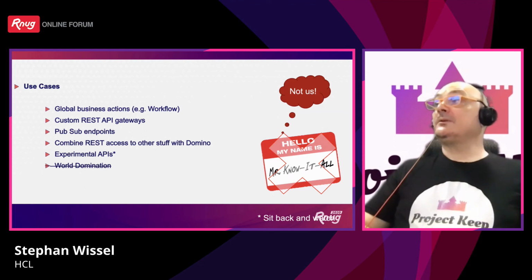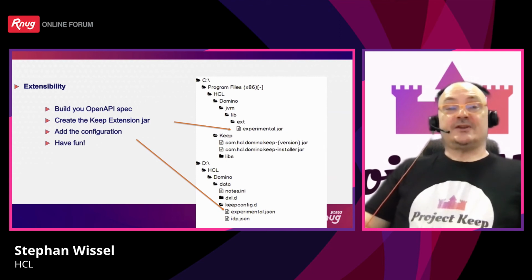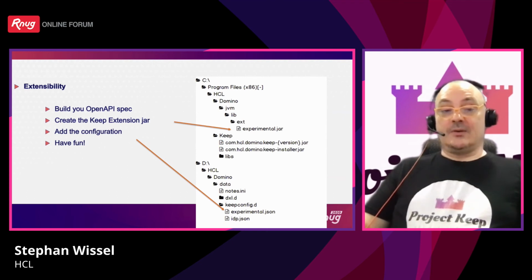So you're not limited to what we provide, but you can basically, just by throwing a jar file with your own extensions and a configuration file onto the system, extend the capabilities of the Keep API. For instance, you say, I want to have /approve where I can submit arbitrary JSON, and the backend knows in which database to put it. The Keep API will allow you to build an extension model.